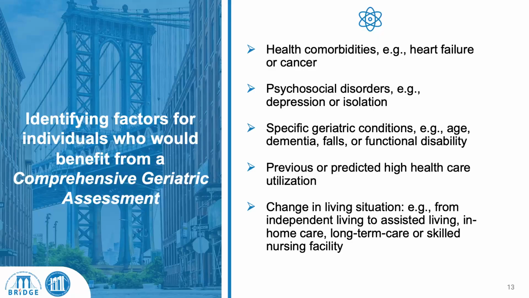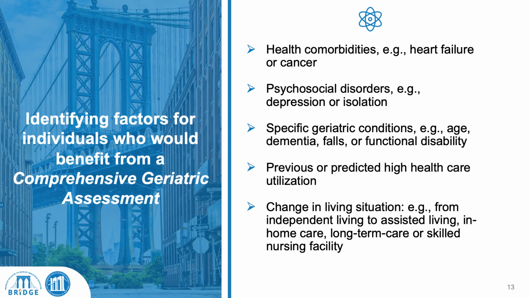The qualifying criteria for a comprehensive geriatric assessment is identifying factors for individuals, as I said, who would significantly benefit from a CGA. And that includes their health or medical comorbidities, for example, heart failure, diabetes, high blood pressure, whatever their diagnosis may be. Their psychosocial disorders, which is either depression, isolation, food insecurity, housing insecurity.